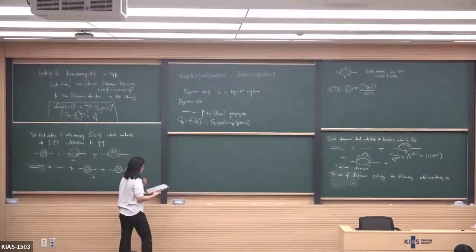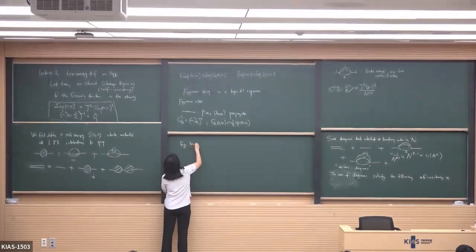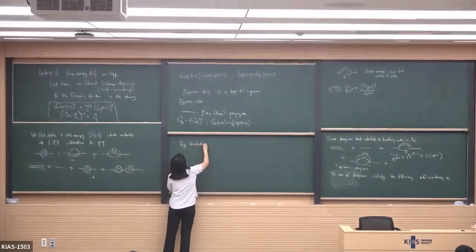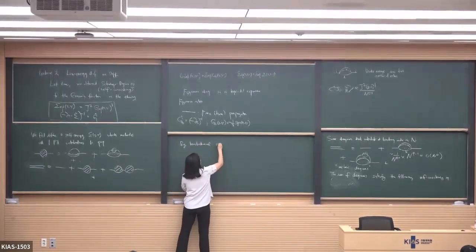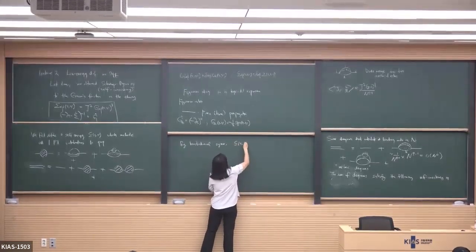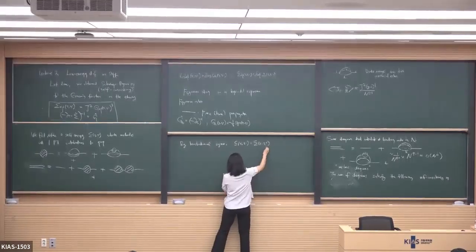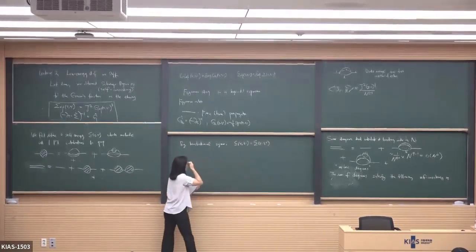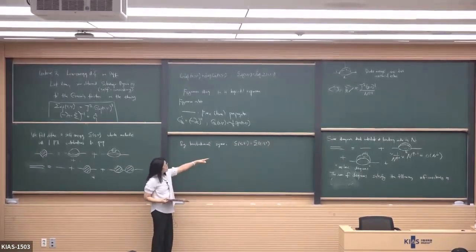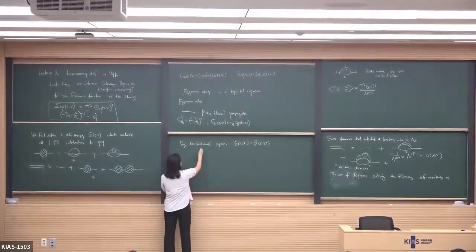So sigma is only a function of the difference. That means we can Fourier transform with respect to the time difference and go to frequency space.